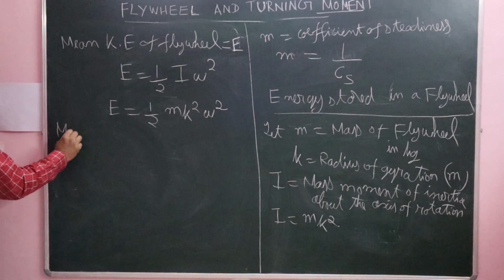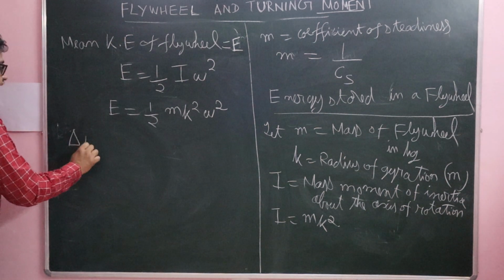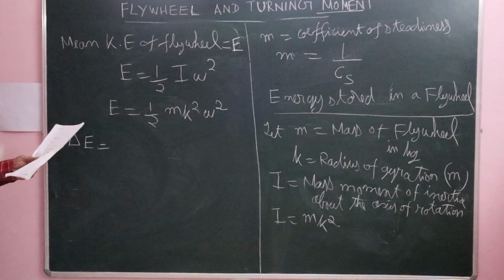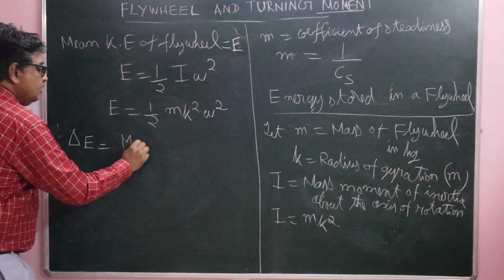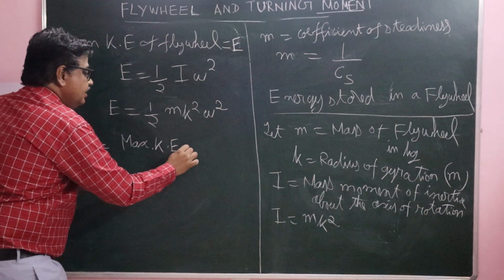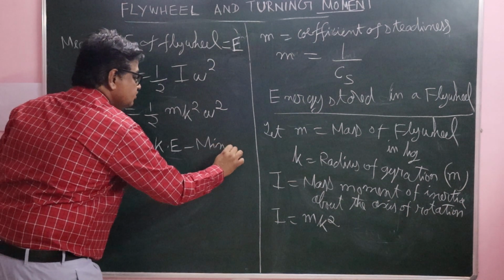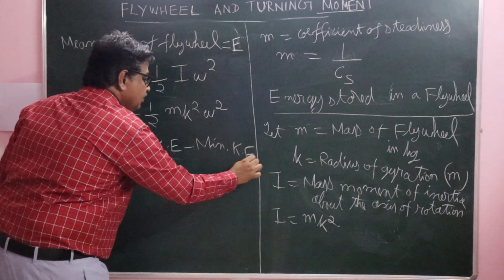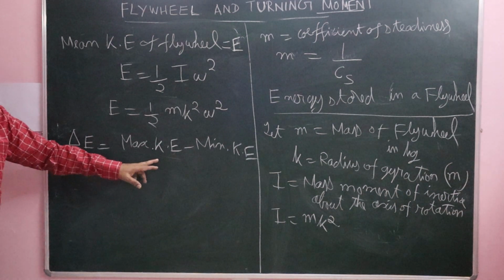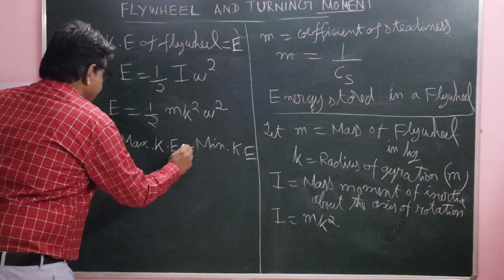Then maximum fluctuation of energy, delta E. Delta E is the maximum fluctuation of energy, which is maximum kinetic energy minus minimum kinetic energy of the flywheel.